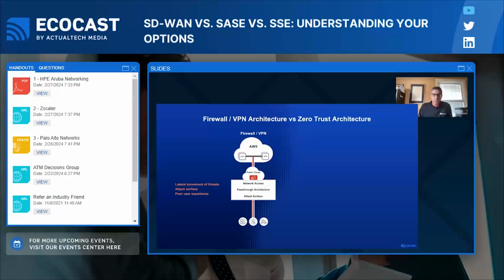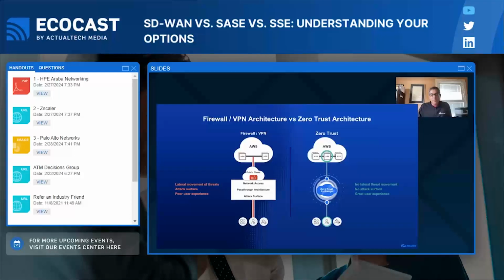Now, when we are moving toward a SASE architecture, think about this service edge hosted in the cloud using the concepts of zero trust. Now, what do we mean by the concept of zero trust? In the concept of zero trust, there really is no attack surface.